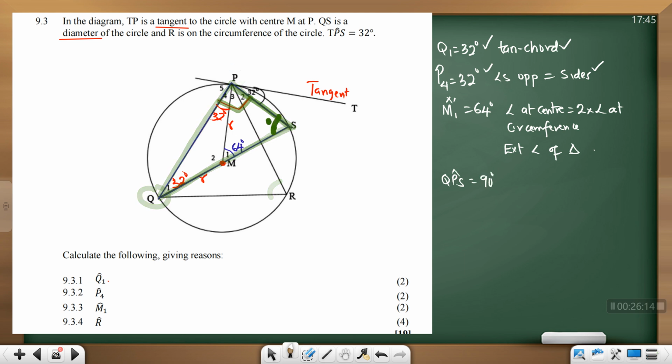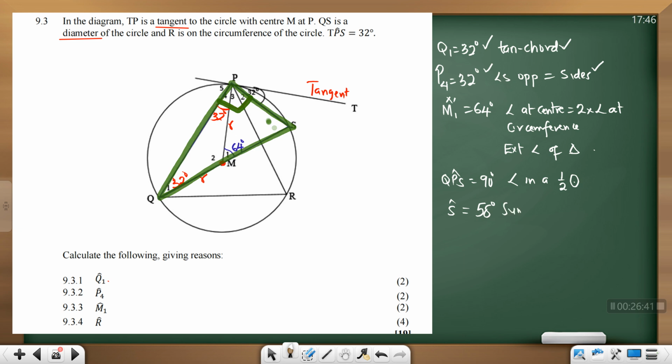What's your reason? Oh, yes. Angle in a semicircle. That's 90 there. Then angle S. What is 90 minus 32? 58. 58, yes.